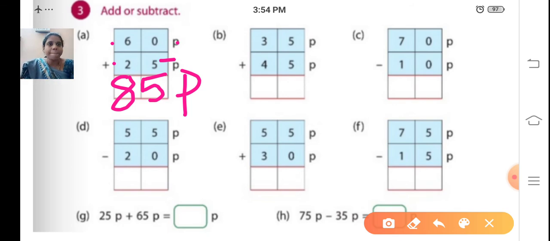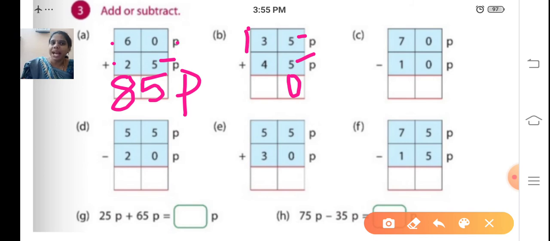Second one, 35 paise plus 45 paise. We are going to add both. First add 5 plus 5. 5 in the mind, 5 on the finger. After 5, 6, 7, 8, 9, 10. 0, and 1 will be carried over, right?